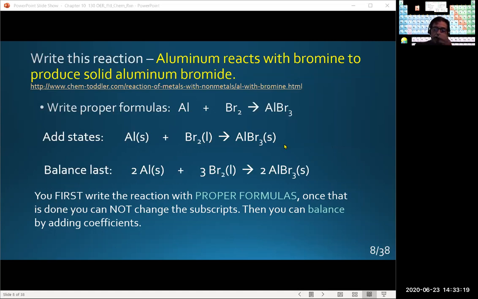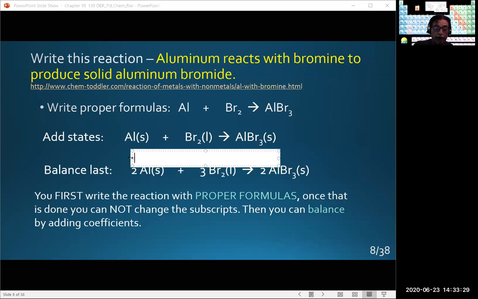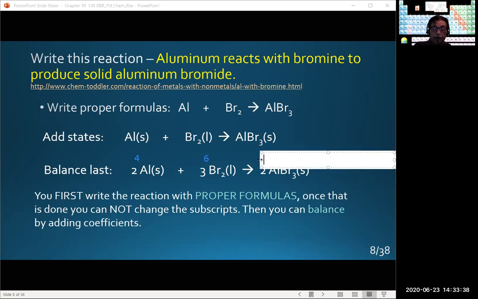Now, if, for example, you are doing the balancing and for some reason you come up with, let's say 4 there, 6 there, and 4 there. Let's say you come up with those coefficients.